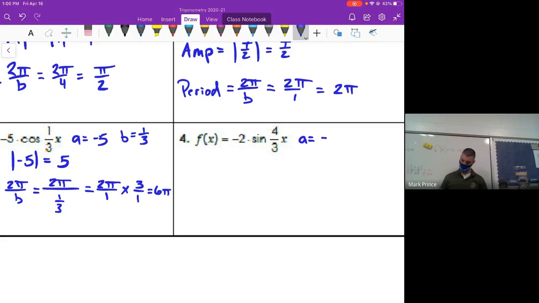So we get A is -2, B is 4/3. The amplitude for this one is going to be what? Yep, +2. Period. Yeah, solve it out.